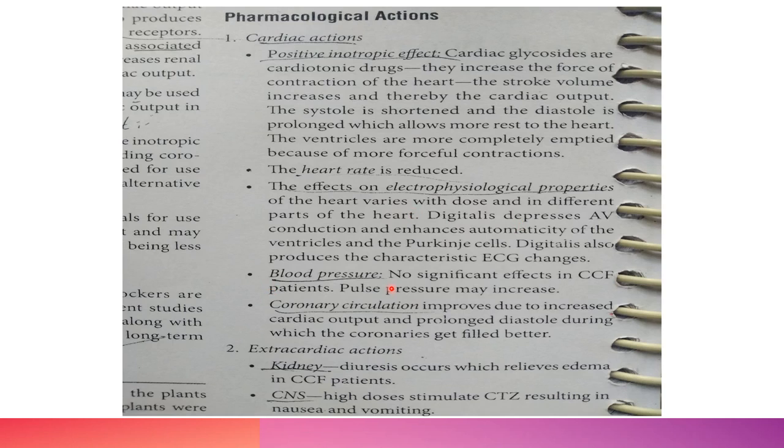Blood pressure action: there is no significant effect in a congestive cardiac patient. Pulse pressure may increase. So in blood pressure we can see changes, with pulse pressure possibly at an increased level. Coronary circulation improves due to increased cardiac output and prolonged diastole, during which the coronaries get filled better.